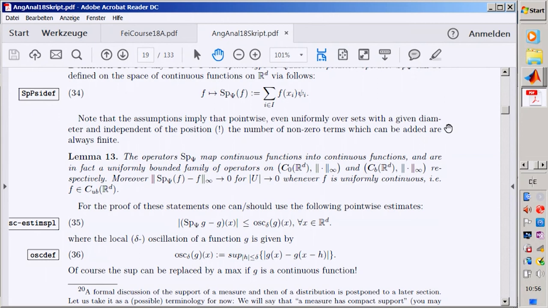What is mod u tends to 0 there? Sorry, u is the size of the diameter. So if you would say the support is an interval of length delta, that would mean delta goes to 0. Once more I should remind you, or I have not really explained it: bounded uniform partition of unity, the U refers to uniform in the sense of uniform size.